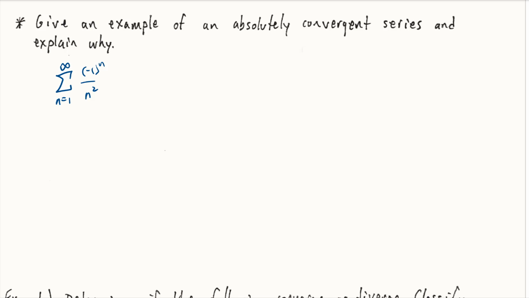You can say, all right, wait a minute. There was that theorem that said if all the terms were positive and that series converged, then the alternating one, or the one that has negative terms, will also converge. So maybe you gamble.